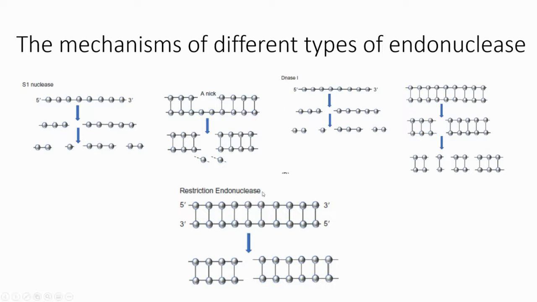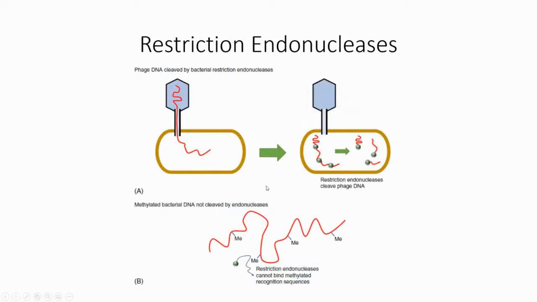The discovery of restriction endonuclease came because scientists discovered that some bacteria were resistant to viral infection, and then they realized those bacteria produce a specific protein enzyme, the restriction enzyme. They can recognize the viral DNA and degrade it. That's how they discovered the endonuclease.